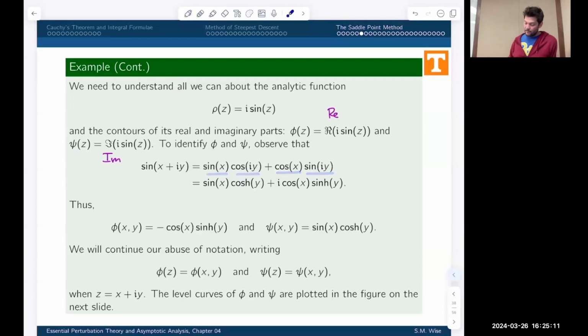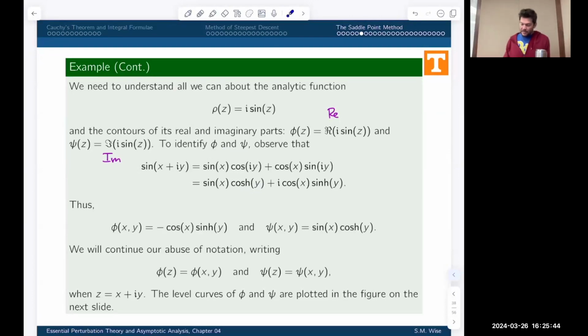I can easily convert this now: sine iy is i times sinh y, the hyperbolic sine. However, cosine iy is just cosh y, the hyperbolic cosine of y.